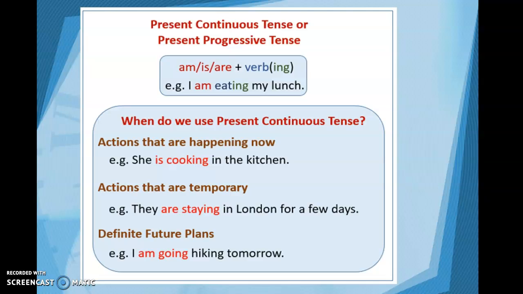And the next helping verb are always goes with all other persons except first person singular and third person singular. For example, they are watching a movie. That's staying in London for a few days.